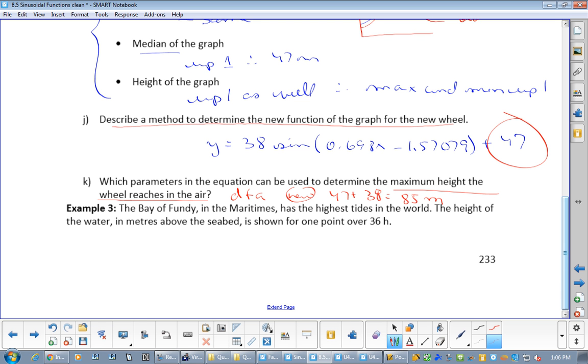Okay, now what would affect, so you're making this Ferris wheel. What would affect the period? What could you do to this Ferris wheel to affect the period? Yes?